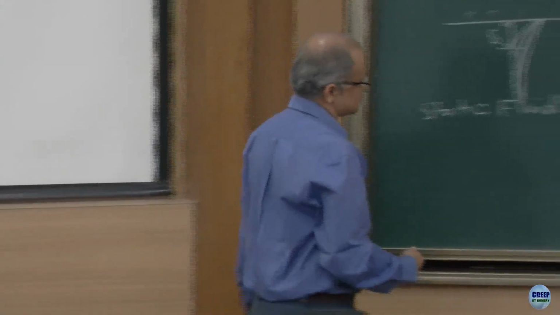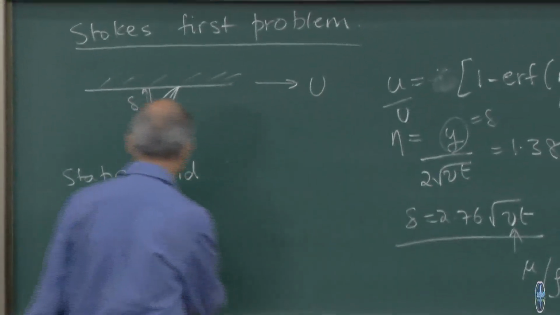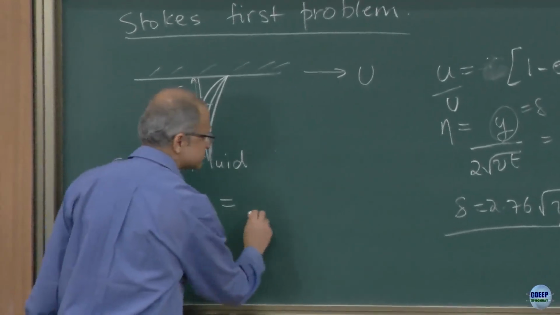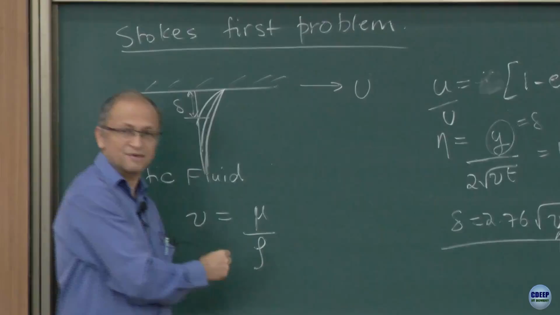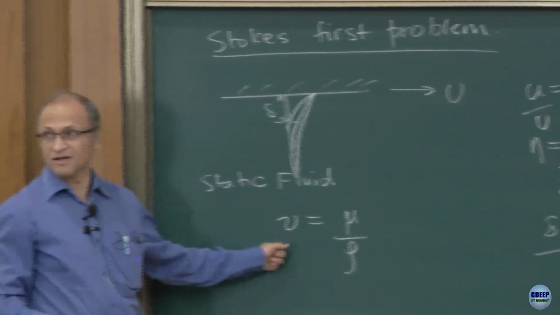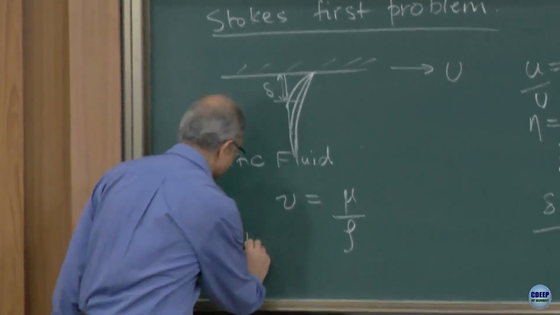And just to further emphasize this point, this is momentum diffusivity. If you look at it dimensionally, what are the dimensions of nu here? Meter square per second.